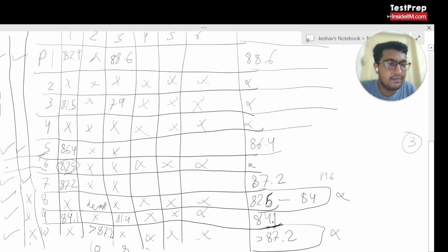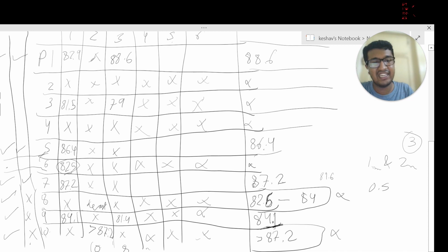1 and 2 I'm not trying because I can see there's a decimal point difference of 0.2 in these numbers. So I'm sure 1 and 2 won't work. 0.5 again would make things ambiguous because I would have to increase all these by 0.5, and that doesn't help me because if I'm increasing all these three, the difference will never come to be equal to 1.